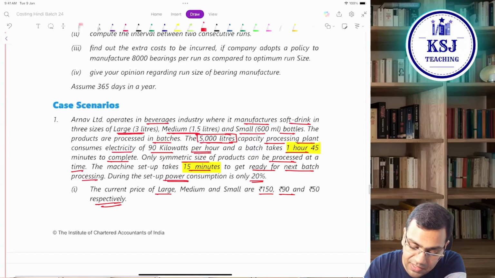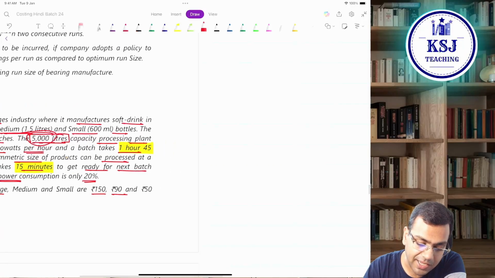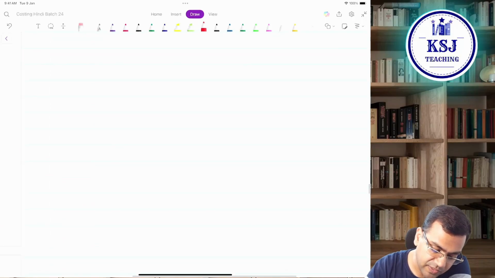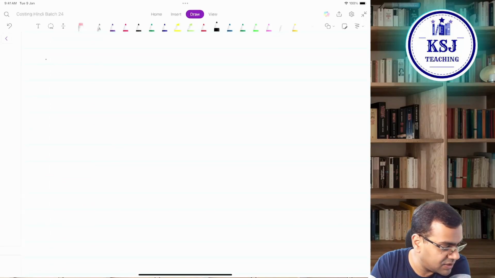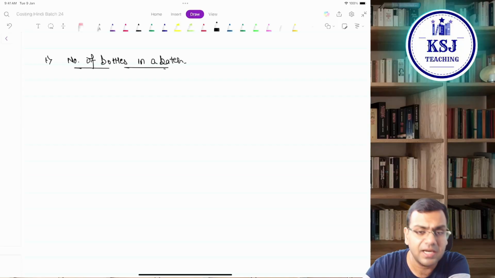The capacity is 5000 liters, so that becomes your one batch. How many bottles can be prepared? So first working note we will prepare is for the number of bottles in a batch. In one batch, how many bottles you can manufacture, right? So we'll calculate for all the three.